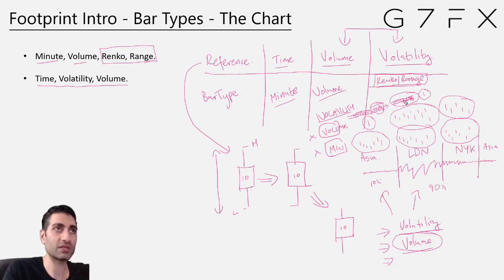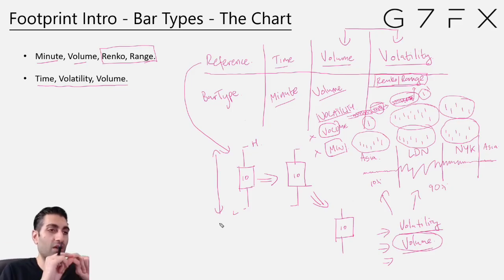So what would happen is, let's say we're in this range here. As soon as we break out of the range, that's when the second candle prints. It only prints whenever we make a high to low range of more than 10 pips. Guys, the most extreme way to think of it is, let's say the high to low of the whole of Asia was 7 pips, and I'm using a range bar of 10.